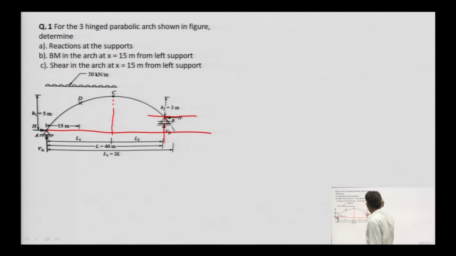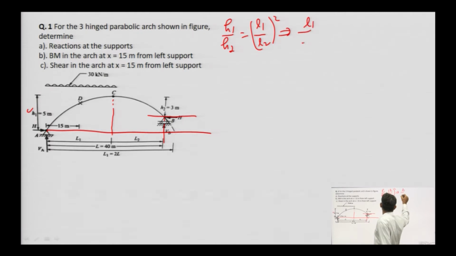I told you in the last class that if H1 and H2 are the elevations of the crown from the supports, the ratio of H1 by H2 is equal to L1 by L2 squared, which means L1 by L2 is equal to the square root of H1 by H2. Here the value of H1 is 5 and H2 is 3.